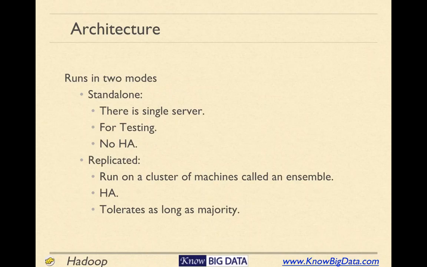In case of two computers, majority means two. In case of one computer, majority is one. In case of 20 computers, majority is 11. So this ensemble will happily run as long as a majority of the computers are available.